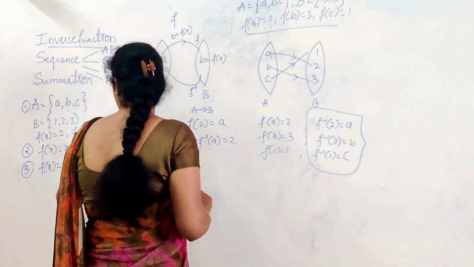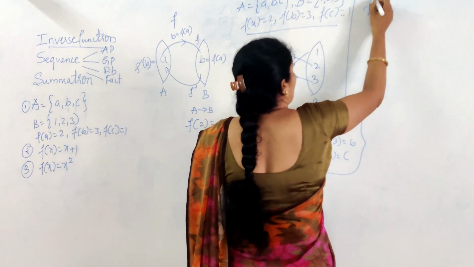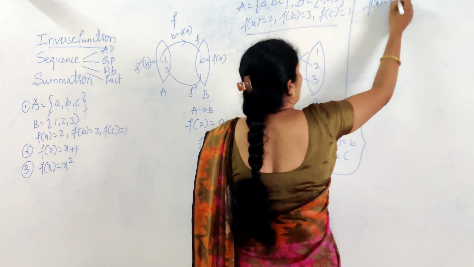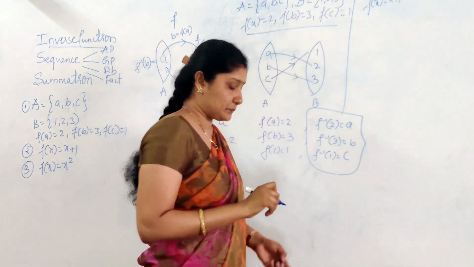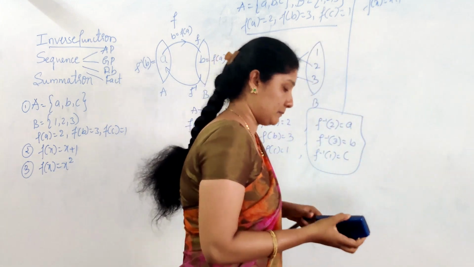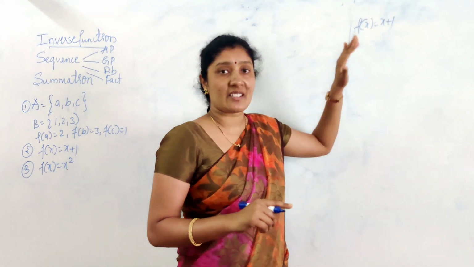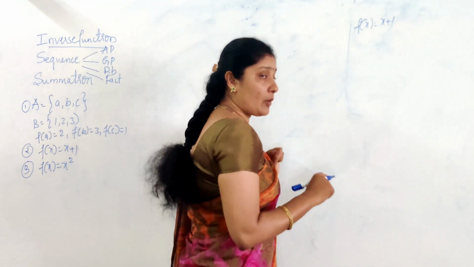Next, let us consider one more example, that is f of x is equal to x plus 1. So here they have given you the expression. Find out whether it is reversible or not. So how to find it out?